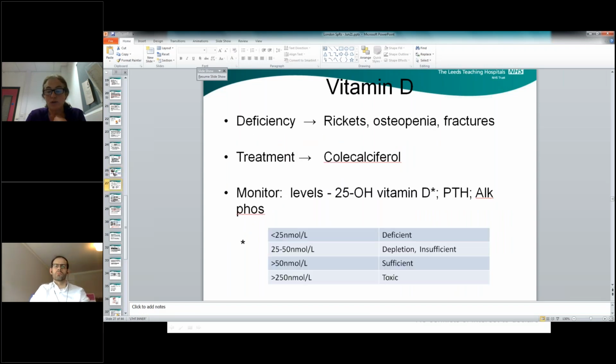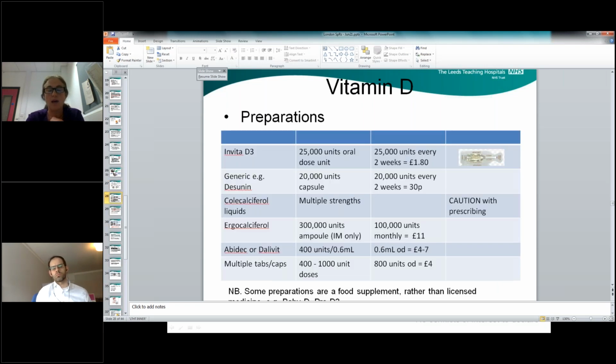Obviously, deficiency causes bone problems, and that's the thing that we're most concerned about, but vitamin D has a whole load of other roles that we're finding as we go along. And we're using vitamin D levels, but also PTH and alk-phos as markers, as you are very aware. We do treat with cholecalciferol here.